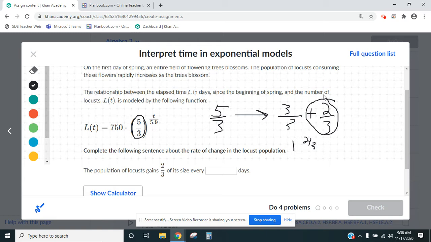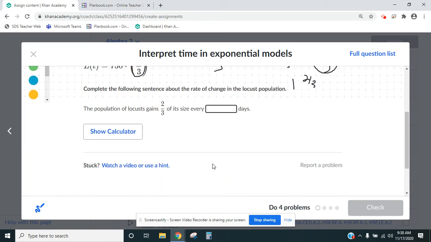It's adding 2/3 every time. How often do you think it's happening? Just any guesses? Look at the equation. One clue is you can just look at it and answer it. 5.9 is correct. I heard it 3 different ways there.